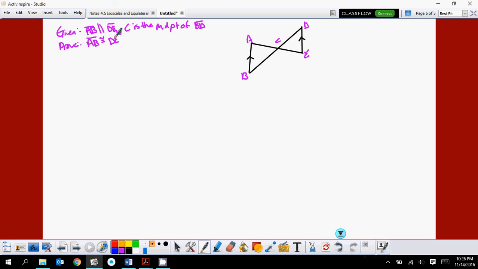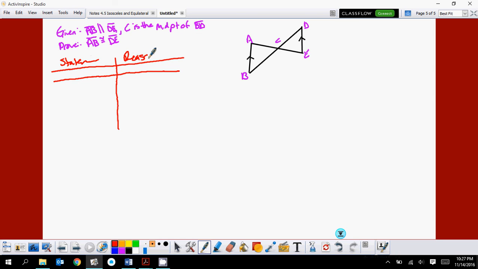All right, so the first step. This one actually has a couple different ways that you can prove it. I'm going to show two different ways that you can prove this, just so you can see that there's more than one right answer here in geometry. So remember, you got your statements and reasons. You know to start with the given.